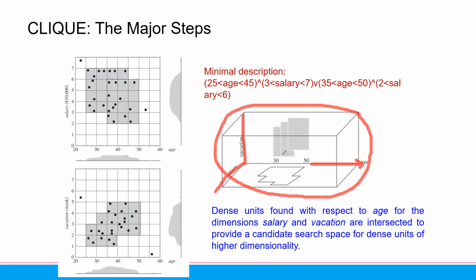And you can look at this kind of graph. So dense unit found with respect to age for the dimension salary and vacation are intersected to provide a candidate search space for dense units of higher dimensionality. So if you already set the minimum description here, then later on you can find the higher level of the definition.